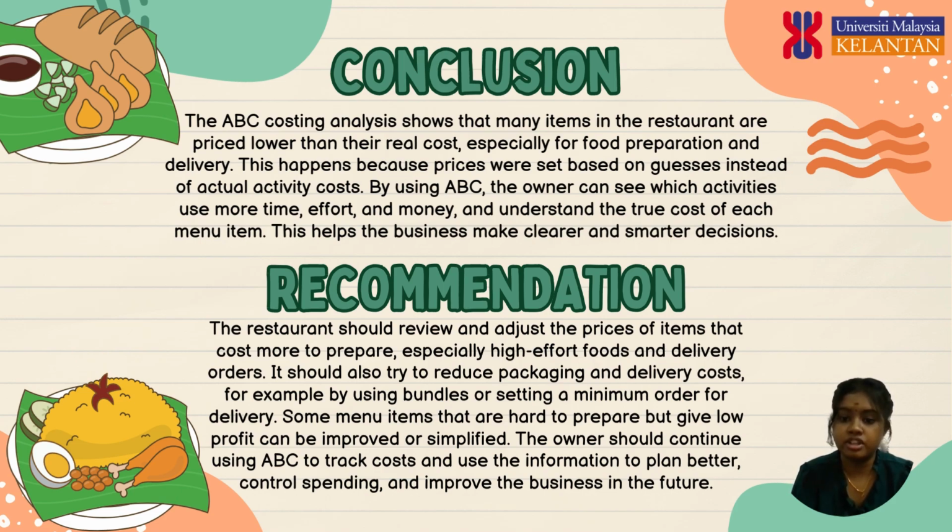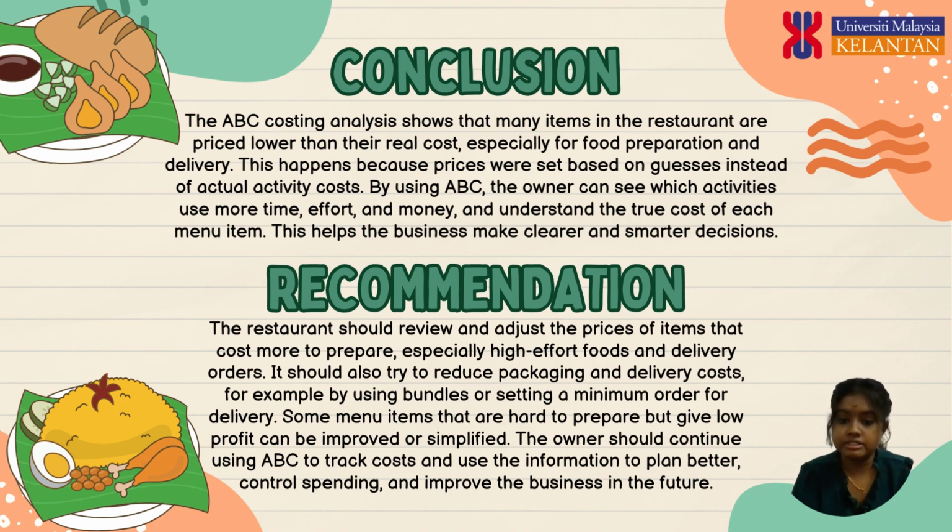With better cost visibility, the restaurant can now make smarter decisions on pricing, staffing, and operations to support long-term financial sustainability. Based on these findings, we suggest several improvements. First, prices for high-cost items should be adjusted gradually, or recipes and portion sizes can be standardized to protect profit margins.